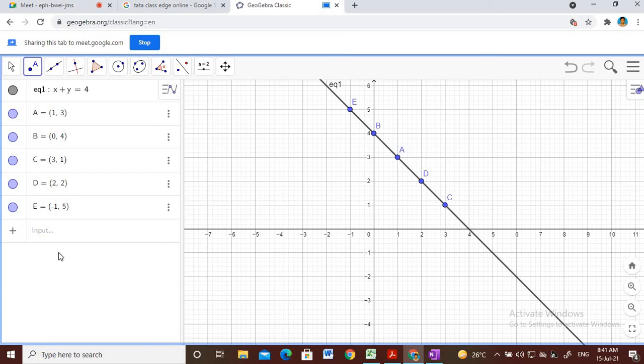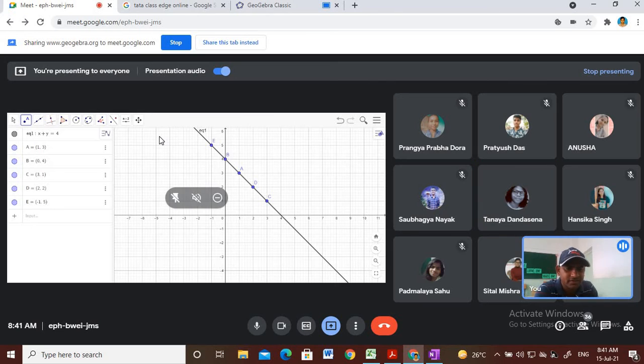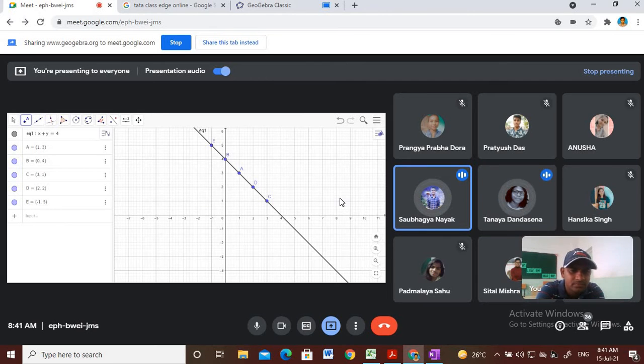Yes, sir, how can we know the equation by knowing the solution, sir? See here, the equation is x plus y is equal to 4. No, sir, how? Tanya is telling that if some solutions are given, how will we find the equation in two variables?